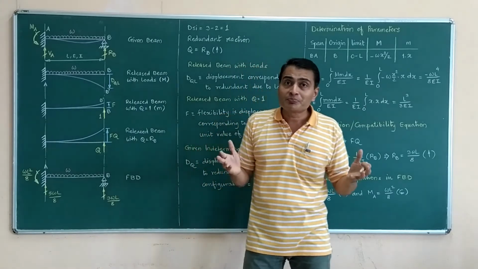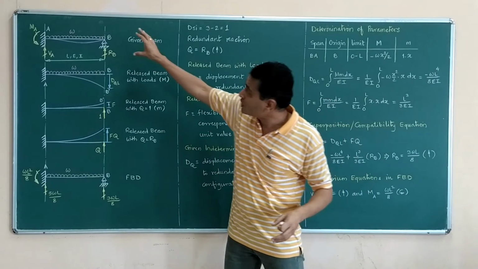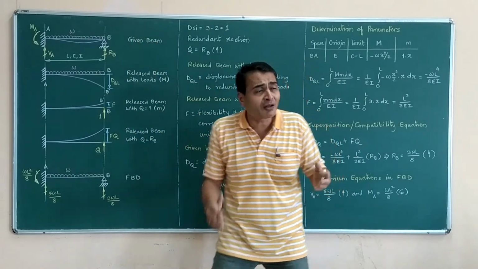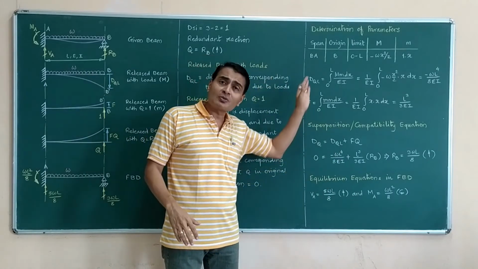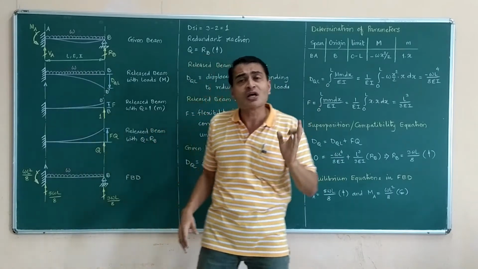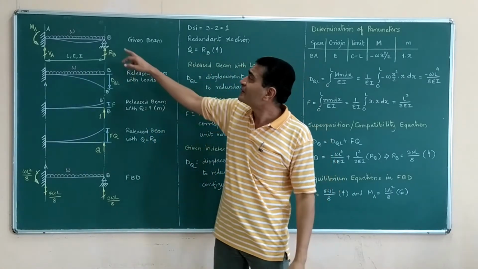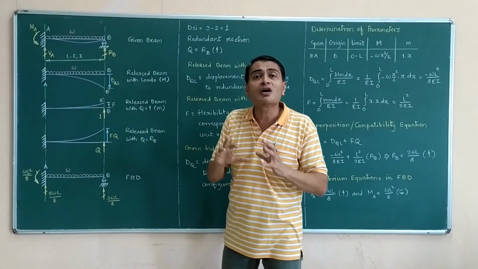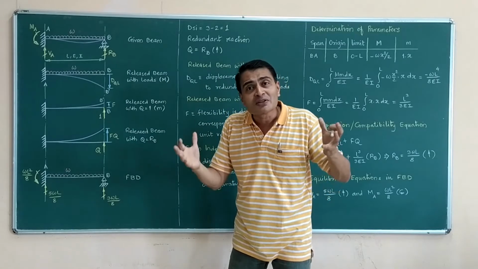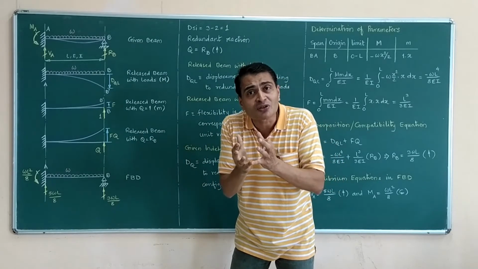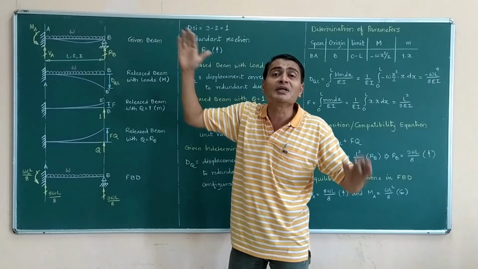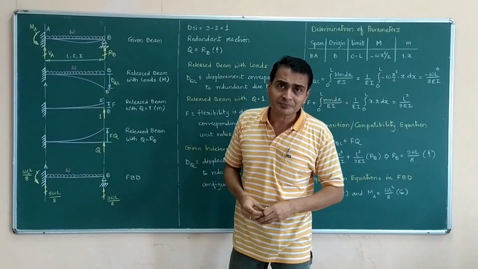I hope that you have understood what is happening here, and of course you will understand better when I introduce all these terms and discuss all these calculations. But the whole idea is that the indeterminate beam we convert into a couple of determinate beams. Their superposition, their compilation simply gives me the original indeterminate configuration.